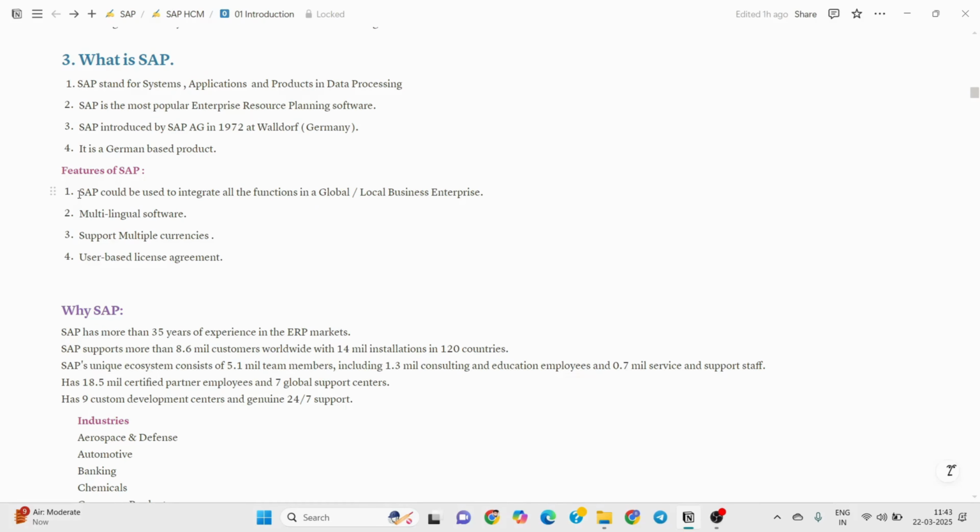Some features I have mentioned here. SAP can be used to integrate all these functions in global and local business enterprises.